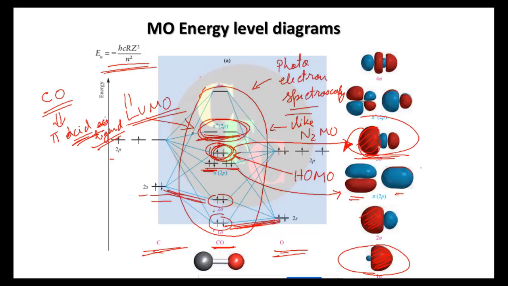As such, they can form very strong bonds with metal, right? This acceptance of electrons in the pi antibonding orbitals weakens the CO bond itself. The CO bond will be weakened, but the metal-carbon bond will become strong, right? That's why they are called pi acid ligands.